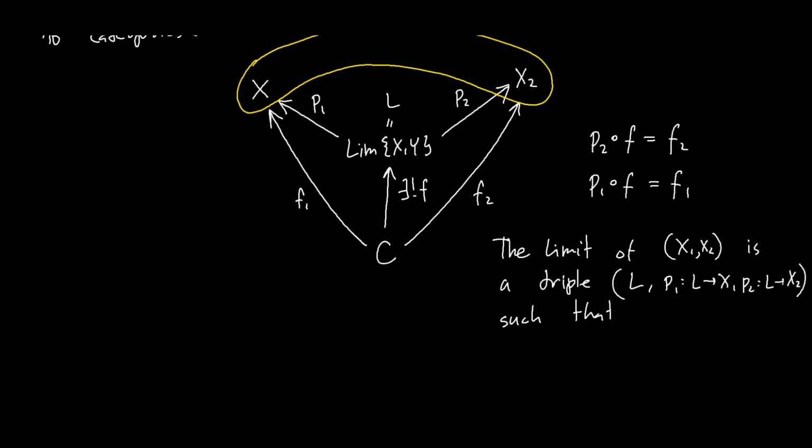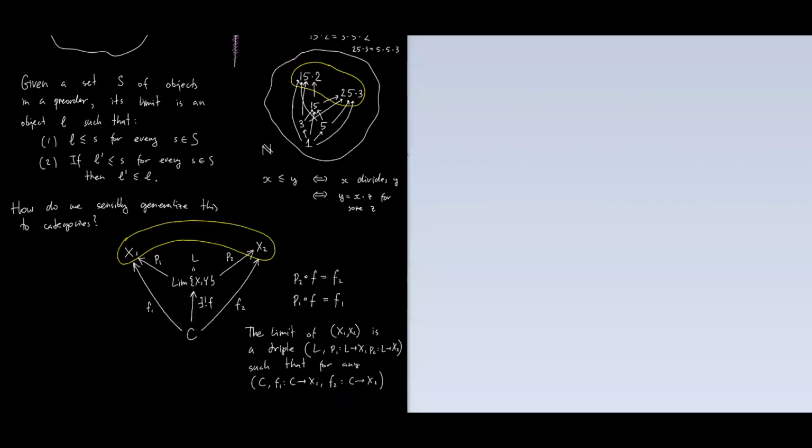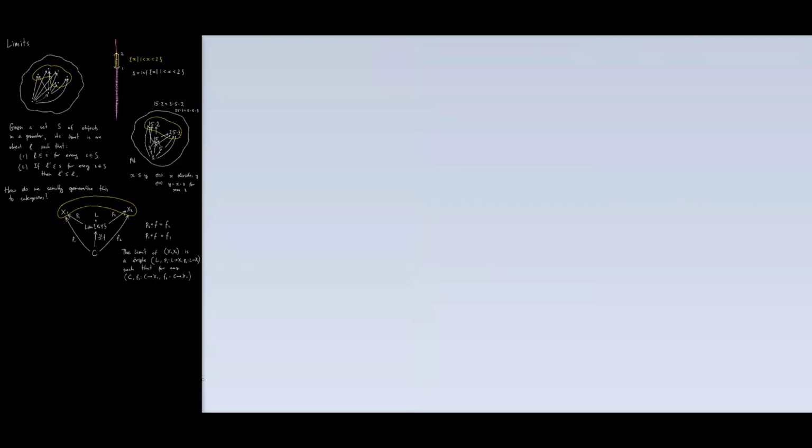Such that for any other such triple of object C and arrow F1 from C to X1 and arrow F2 from C to X2, there exists a unique arrow going from C to L for which those composites are equal.